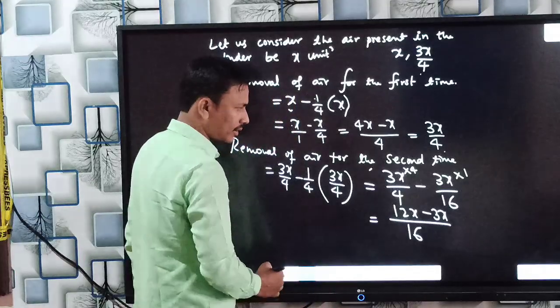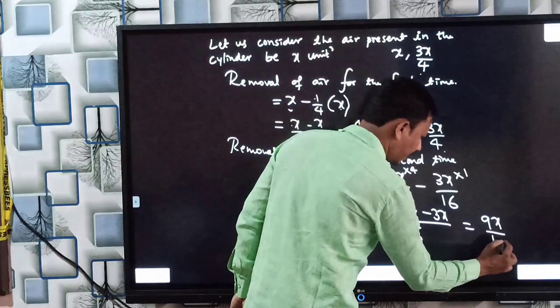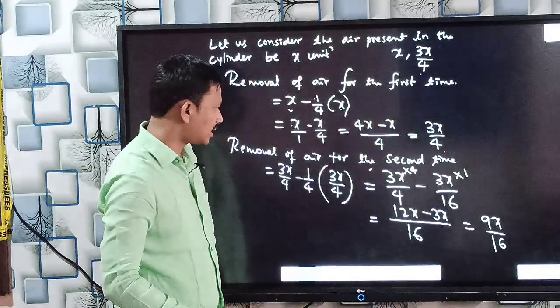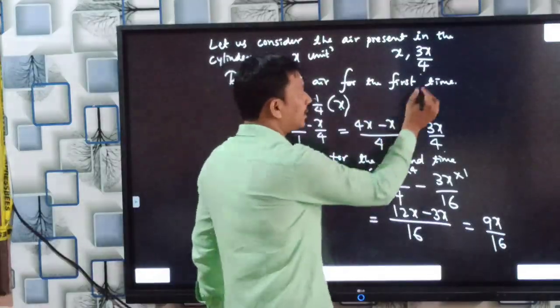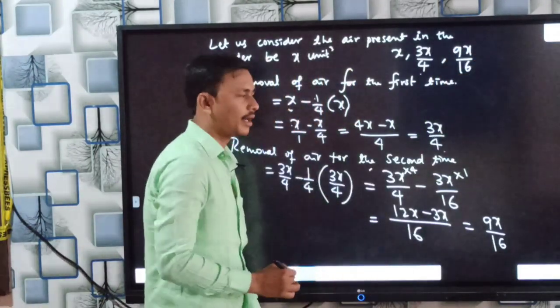Correct? Next, this is equal to 9x divided by 16. 9x divided by 16, correct? Comma, 9x divided by 16. And so on.